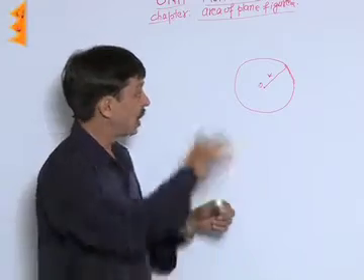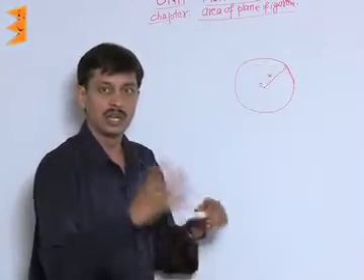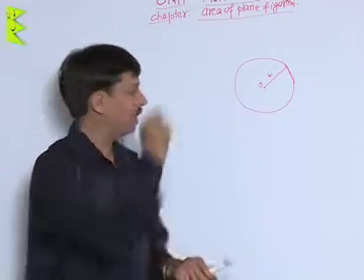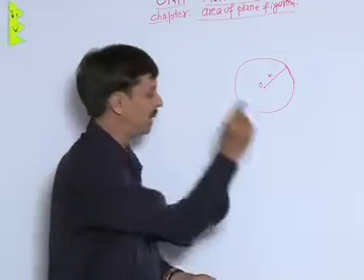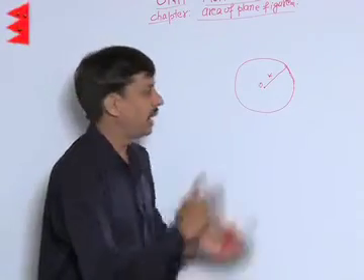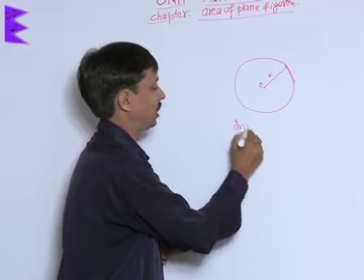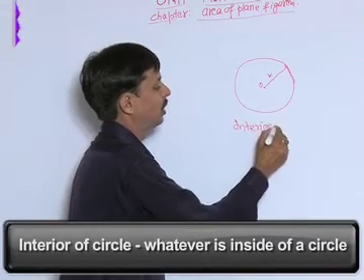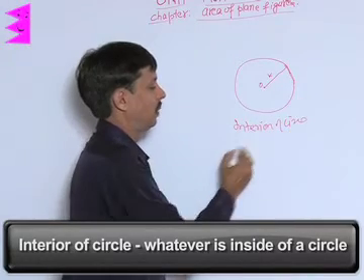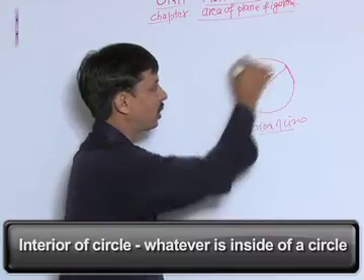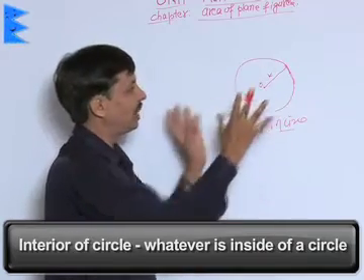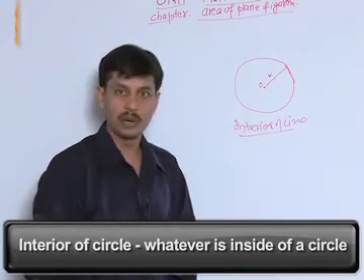After this, there are three things: A, the interior of a circle, B, the exterior of a circle, and C, the circular region. Whenever we draw a circle, the plane is separated into two parts.